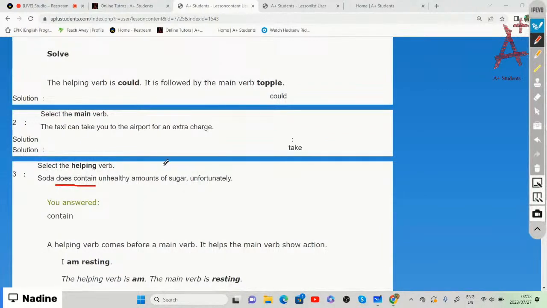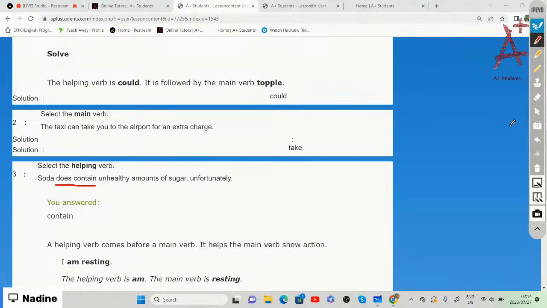And once again, a helping verb comes in front of the main verb, and it helps the main verb to show action. And it doesn't necessarily have to be next to each other, right?